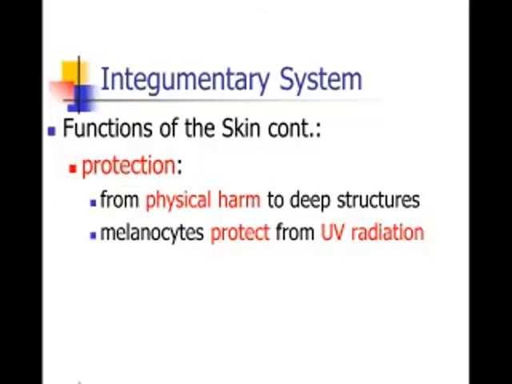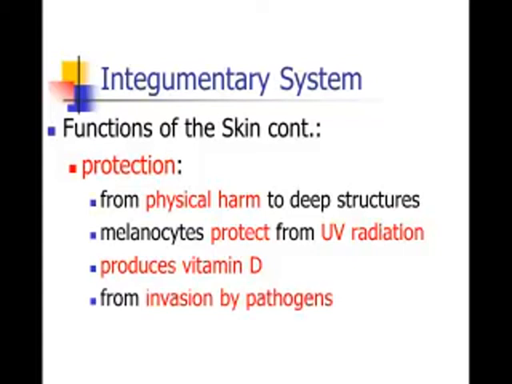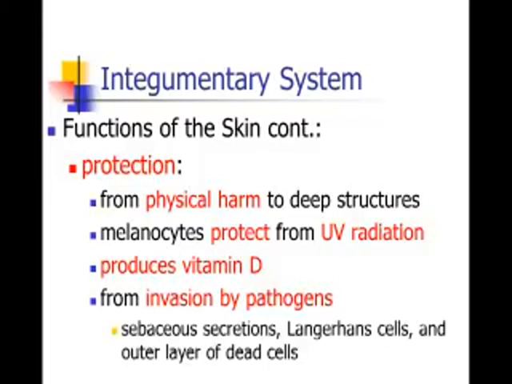But too much UV light can result in skin cancer, and that's a bad thing. So we're walking a fine line with that one. The skin is able to produce vitamin D because of that UV light. It protects us from invasion from pathogens because it's a barrier. Okay, and we already talked about sebaceous secretions are bactericidal.